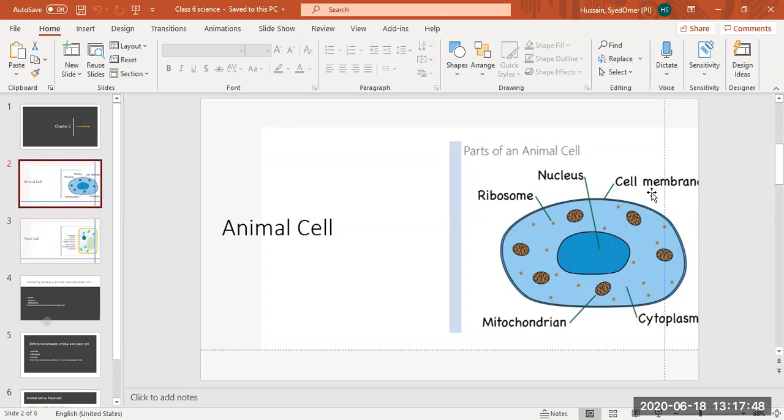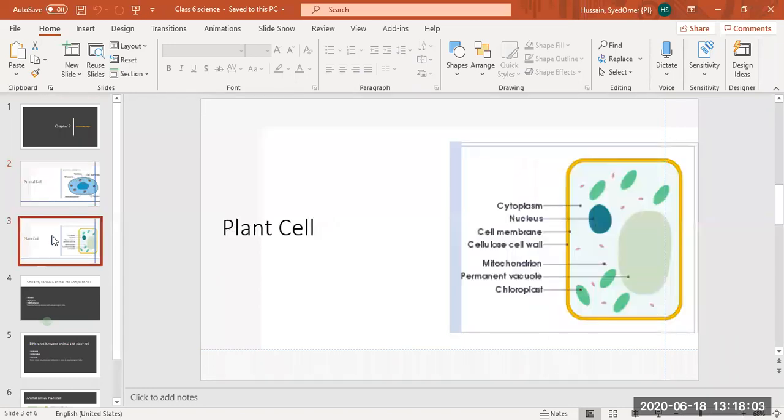So substances like water and other small molecules can come in the cell and can go out of the cell. Through which part of the cell? Through a cell membrane. Now a cell membrane is present in an animal cell, and also, as you can see, a cell membrane is present in a plant cell. It means a cell membrane allows the substances to move in and out of the cell.